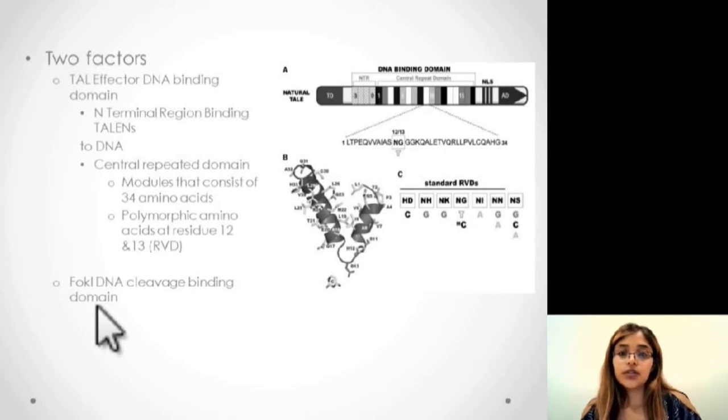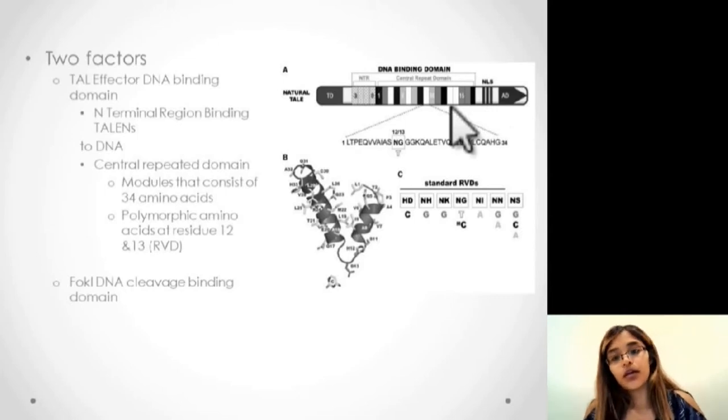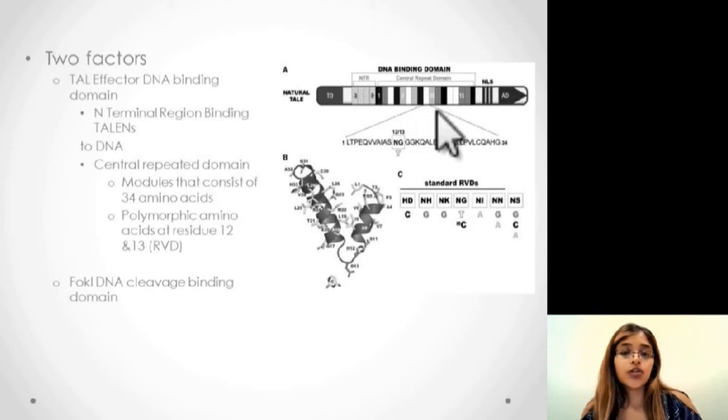So the TAL effector is composed of two parts. One is the N-terminal region, which is responsible for the talent binding to the DNA. And then the second one is the central repeat domain. So the central repeat domain is composed of a number of modules, and each module has 34 amino acids.